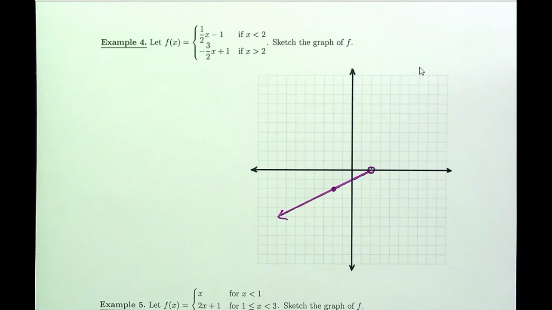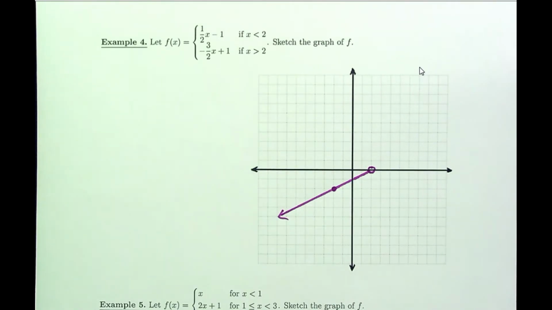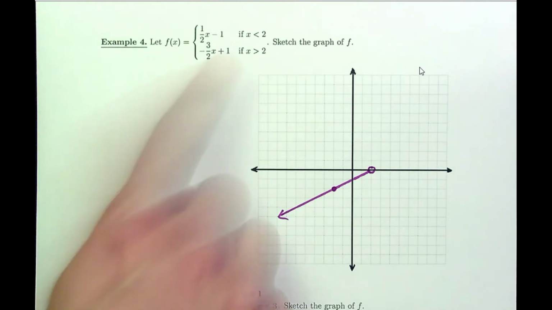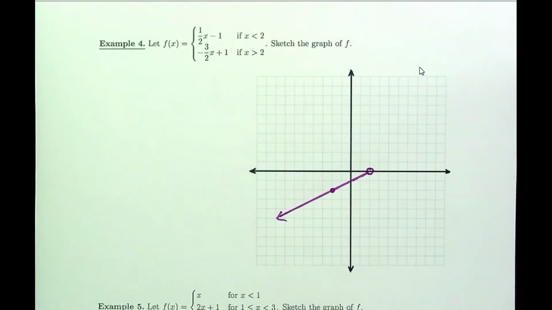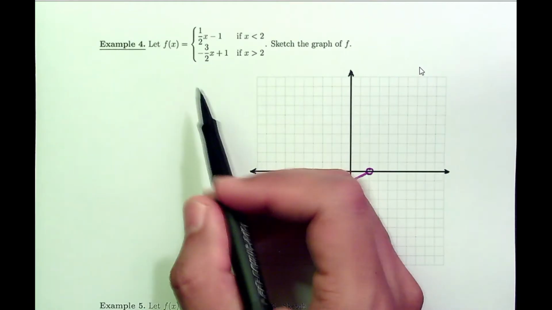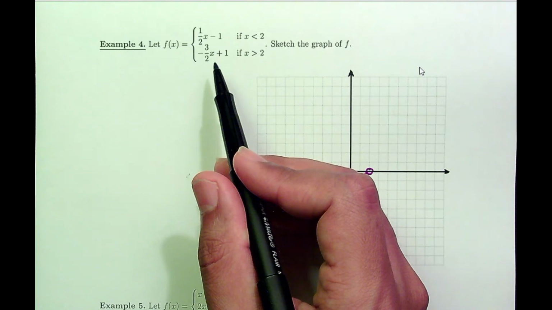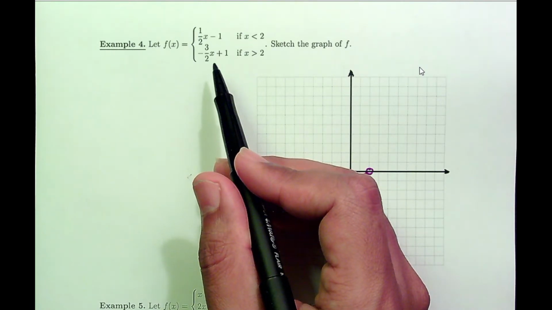Now, let's draw the graph of the lower part for all x bigger than 2. Okay, that's a line, and let's figure out where it begins. It would begin when x equals 2. That beginning is not included, but we need to figure out what it is, if it were included. So plug in x equals 2 in this part. If I plug in x equals 2 in here, I would get negative 3 halves times 2.